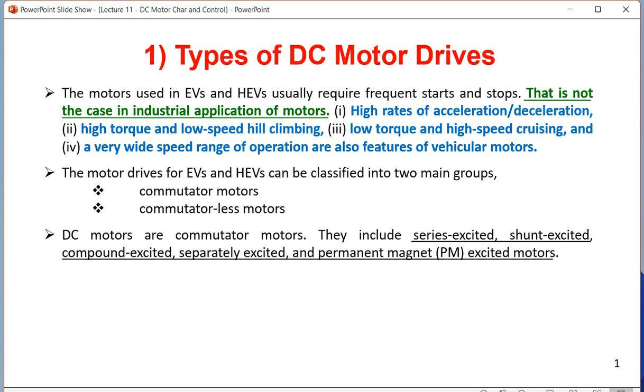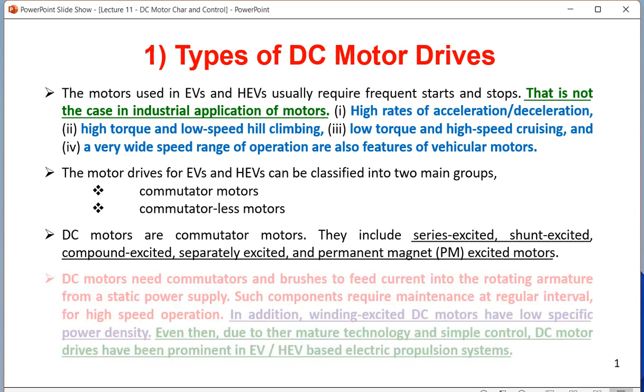So PM motors do not use any coil for generating the MMF, because instead of an electromagnet we use a permanent magnet. The material for the permanent magnet is quite costly, which is why the PMDC motor is a little costlier.